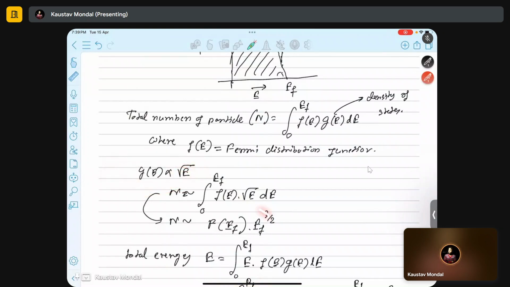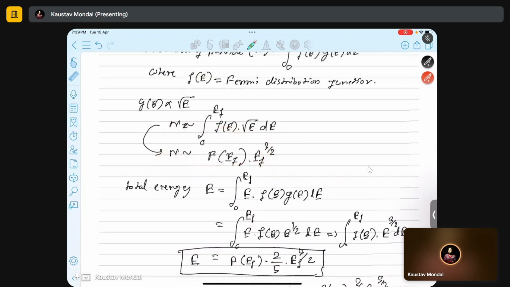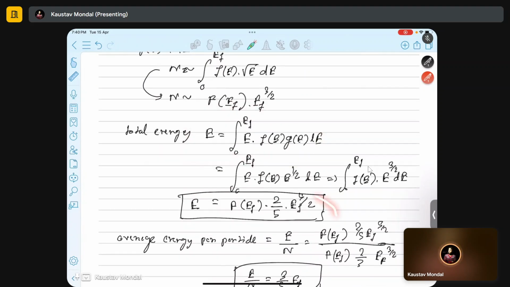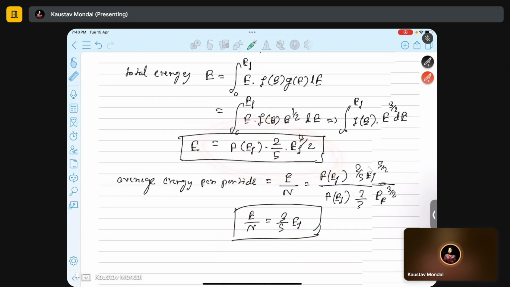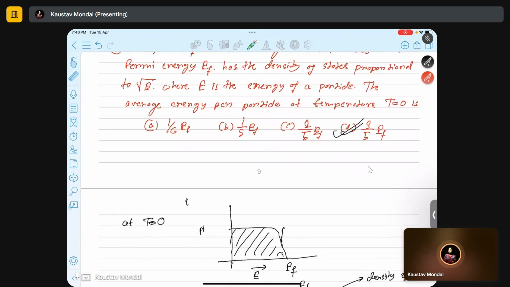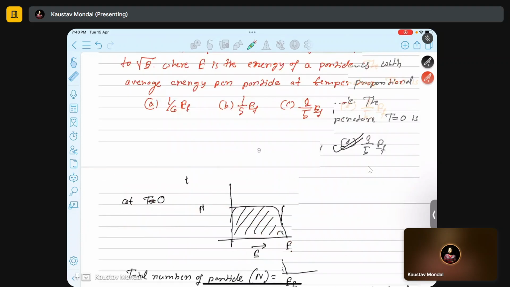Then, in a similar way, we calculated the total energy, the integral of E F(E) G(E) dE. The question asks for the average energy per particle, so you divide the total energy by the total number of particles, which gives you 3 by 5 EF. The correct answer is 3 by 5 EF.